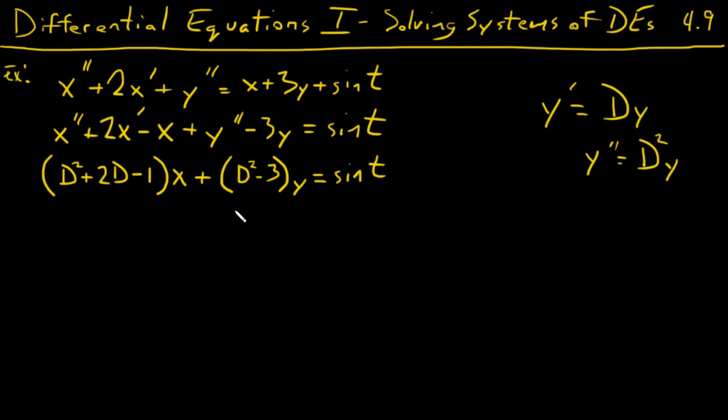As you can already see, this starts to look more like a polynomial, something that we might want to manipulate. When we were talking about the auxiliary equation, we factored and solved. But now we're going to use this notation in a completely different way. We're going to solve systems of differential equations using the differential operator through the process of elimination.